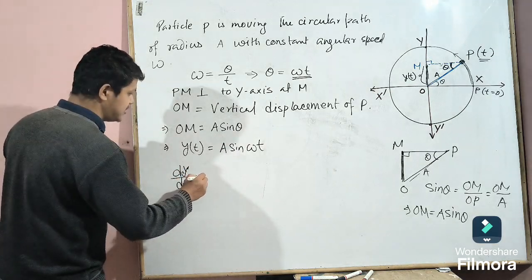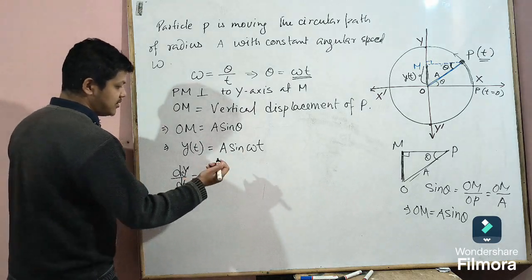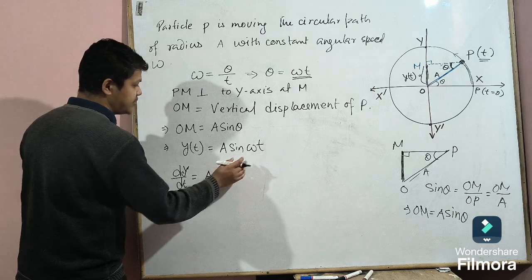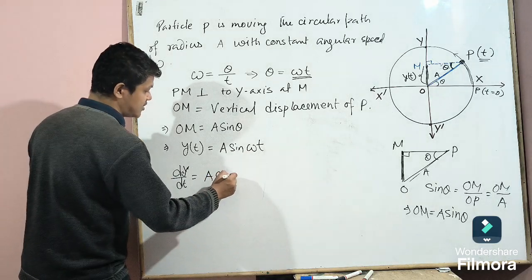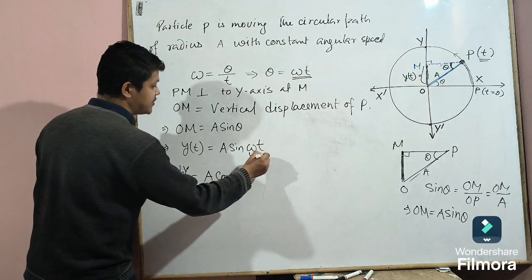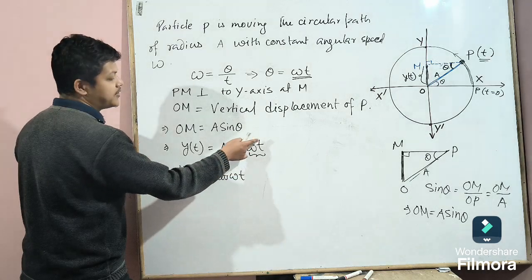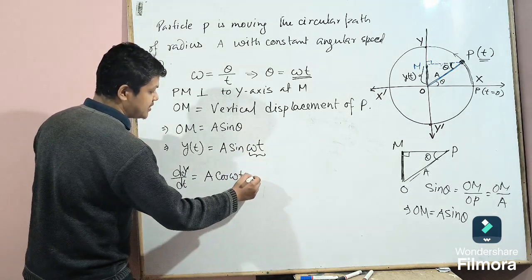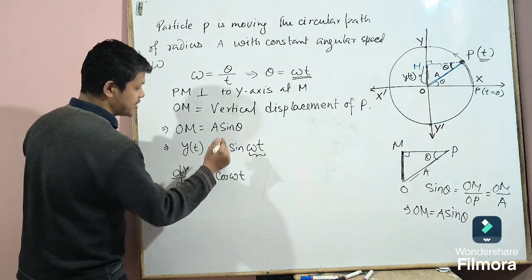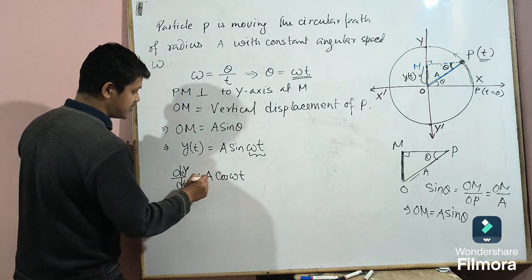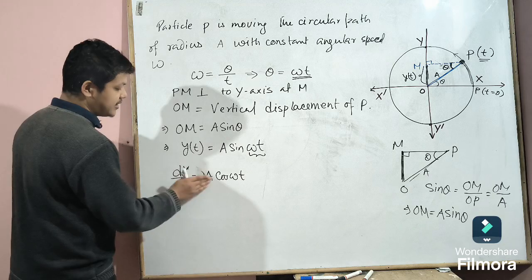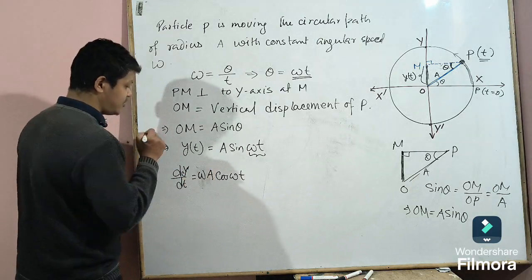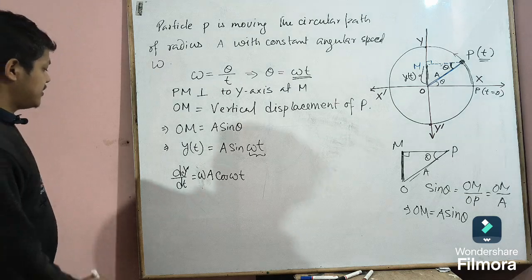If you differentiate it, then you're going to get the derivative of sine, which is cos omega t, and this is a function of a function. Then you have to differentiate the omega t part again with respect to time t, then you're going to get omega. So this is velocity: omega A cos omega t.